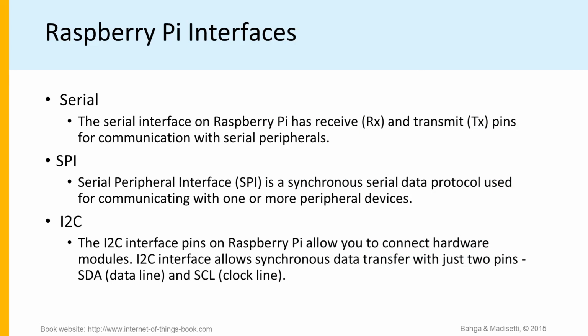This helps you connect to hardware modules, and the I2C interface allows synchronous data transfer with just 2 pins, SDA and SCL. SDA is the data line and SCL is the clock line. So these are the components of Raspberry Pi. Okay, thank you.